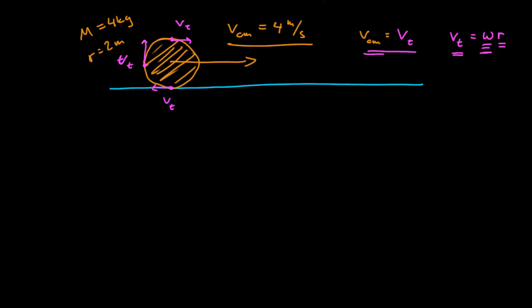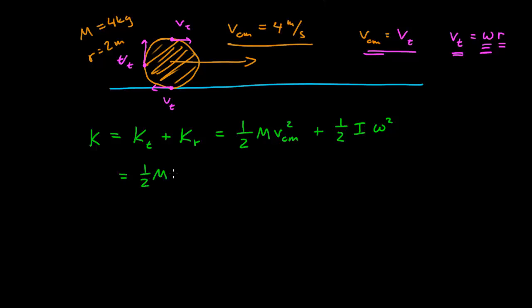Okay, so now if we want to go ahead and solve this problem, we can say our kinetic energy is going to have a translational term as well as a rotational term. And the translational term is just 1/2 the total mass times the velocity of the center of mass squared, plus the rotational term, which is 1/2 the moment of inertia times the angular velocity squared. So this is equal to 1/2 m v center of mass squared.